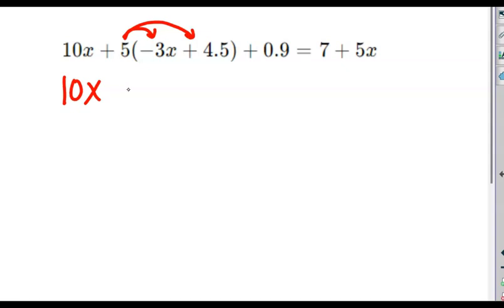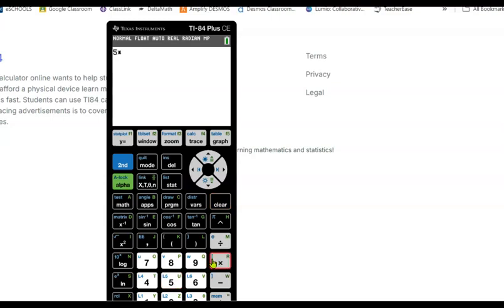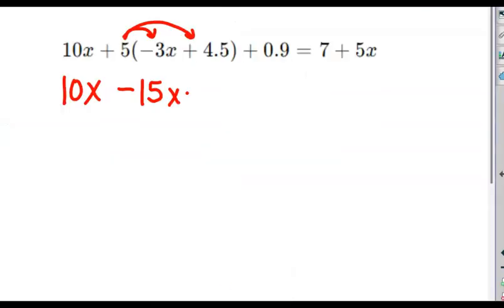So I'm going to rewrite that 10x, and then I'm going to multiply 5 times negative 3x, and then I'm going to multiply 5 times 4.5. So let's see, 5 times 4.5 is 22.5. So we're going to put 22.5 here.